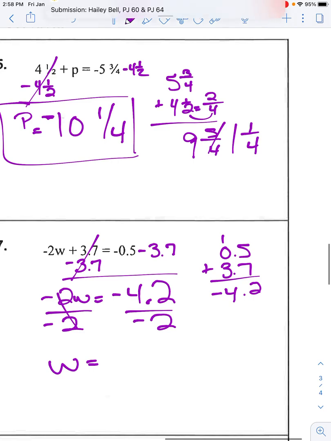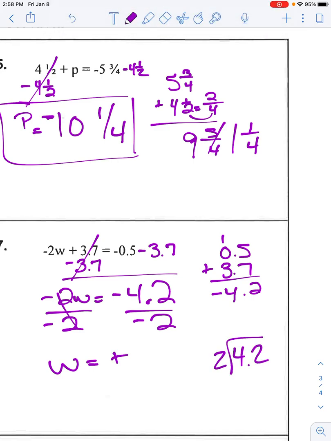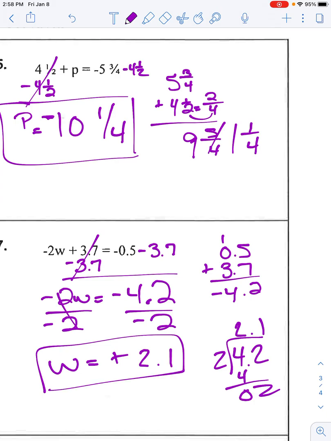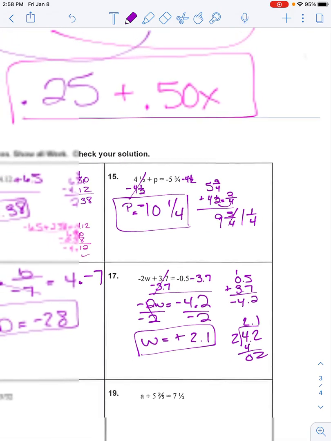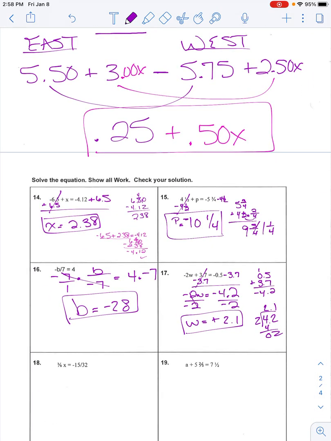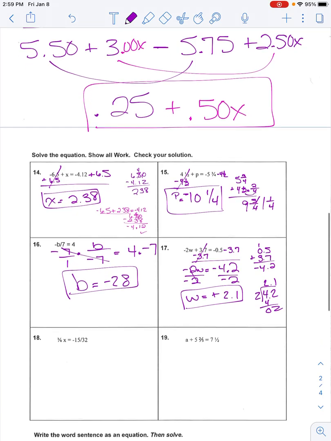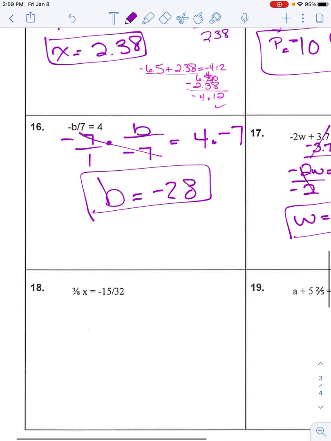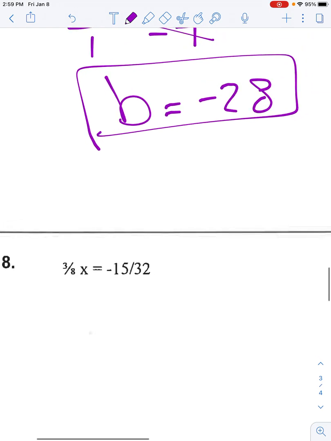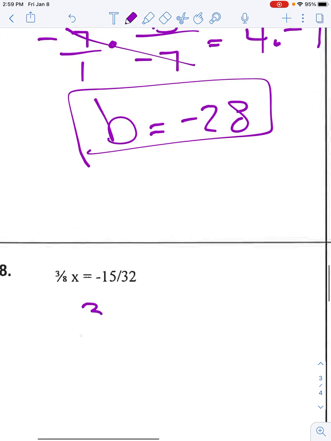And then we're dividing by negative 2. So we have a positive variable. A negative and a negative is a positive. 4.2 divided by 2 is 2.1. And again, you'll need to go back and show your check on each of these. A point for the answer, a point for the check.